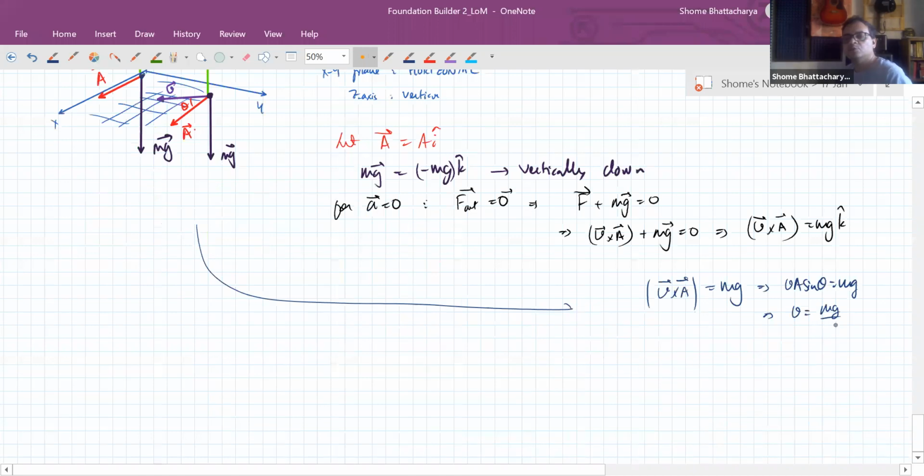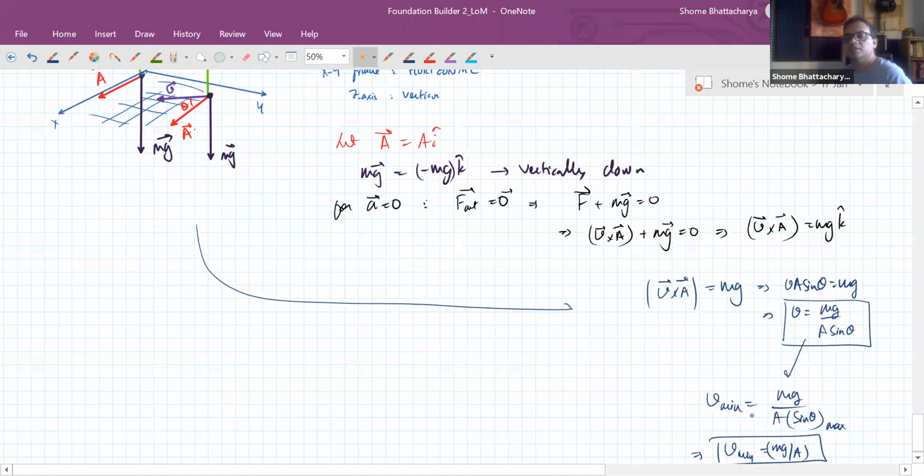So if I want to project with the minimum velocity, then sine theta should be maximum. So V minimum will become mg upon A into sine theta maximum. Now sine theta maximum is 1. So you can see that the minimum speed with which you have to project will be mg upon A in the horizontal plane, such that this is happening.